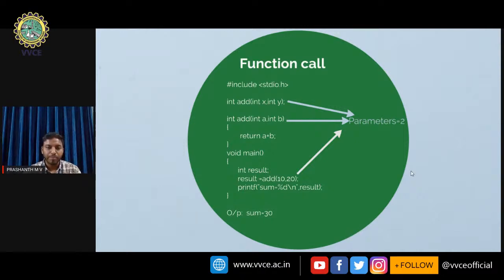Those two are the parameters. As I said, type P1, type P2, the types here are integer, that is x and y. At the end of the function declaration, I have given a semicolon. So always your function declaration should have a semicolon.